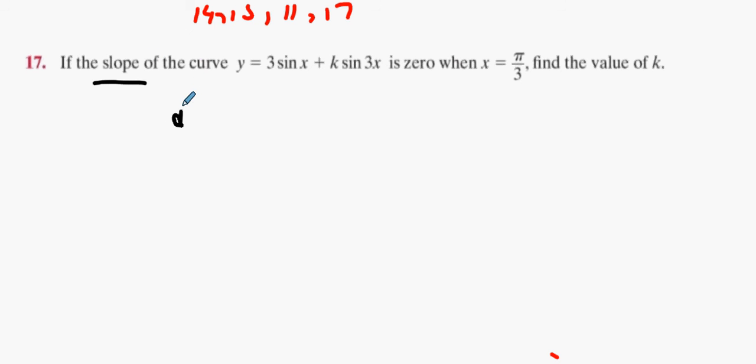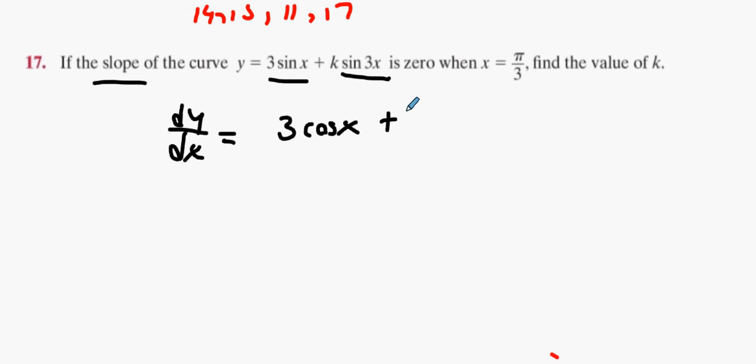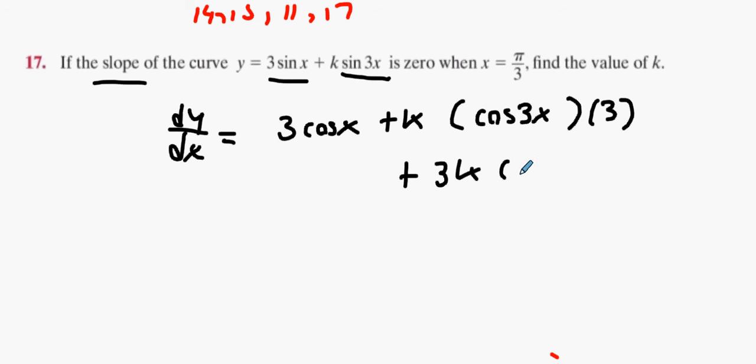Mark, how did you do this, buddy? Yeah, 3 sine x turns to 3 cos x. And then this part here? Cos 3x, differentiate the angle, you get 3. And as you roughly said, 3k cos 3x.